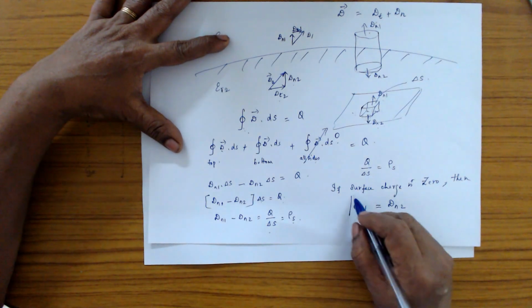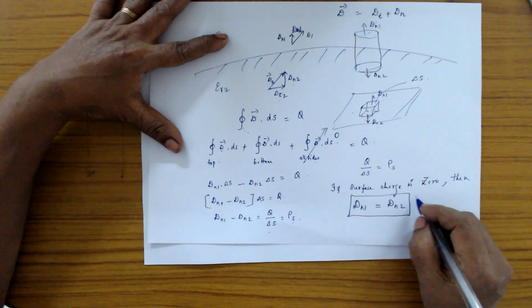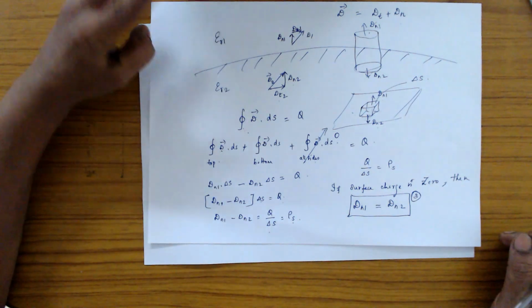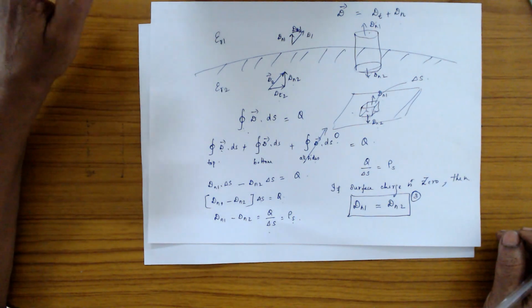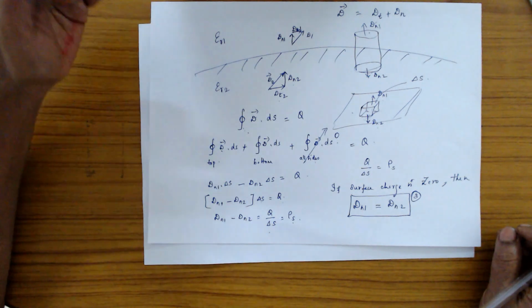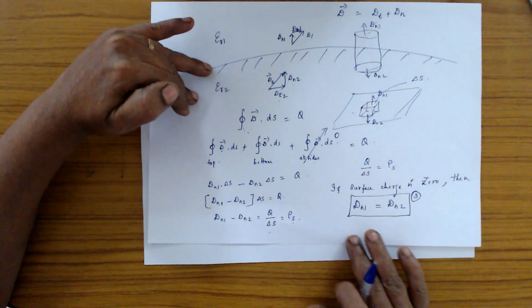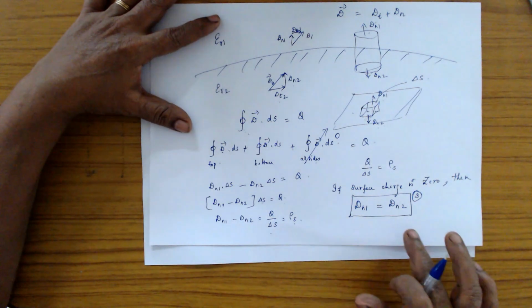This is the third boundary condition. Previously, for the tangential component, we have derived two conditions. For the normal component, what we have discussed is Dn1 is equal to Dn2.